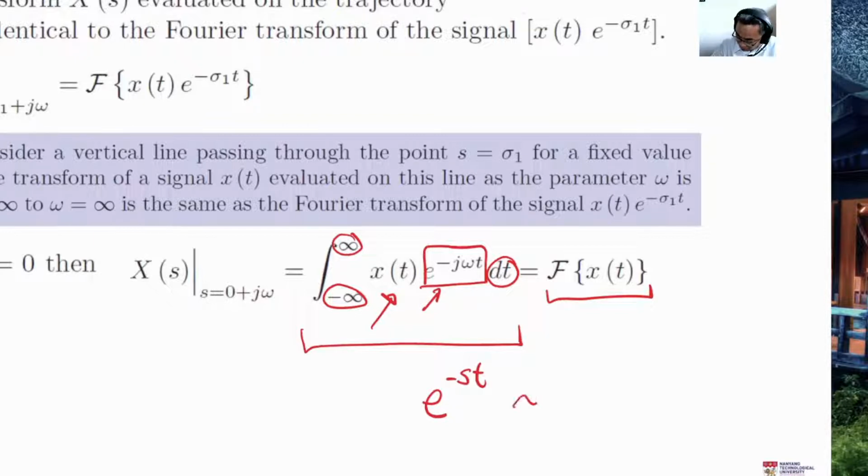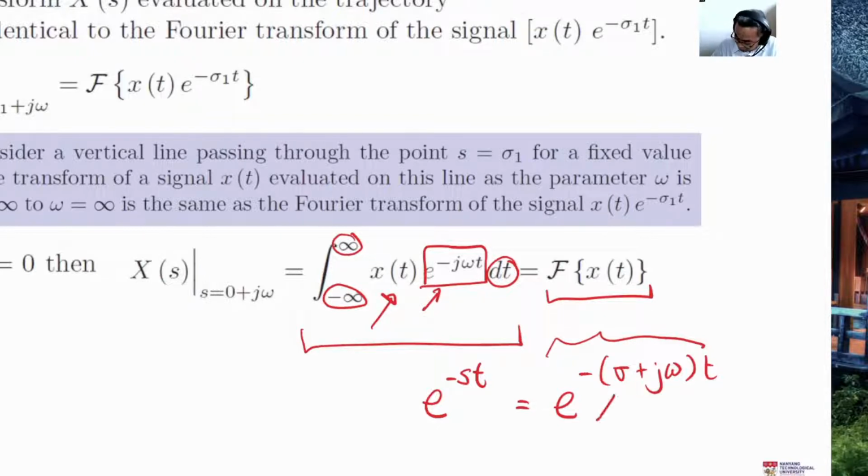And if we remember, s is actually equal to sigma plus jω, and then there's a t here. So in fact, this equation looks very, very much like the Fourier transform.